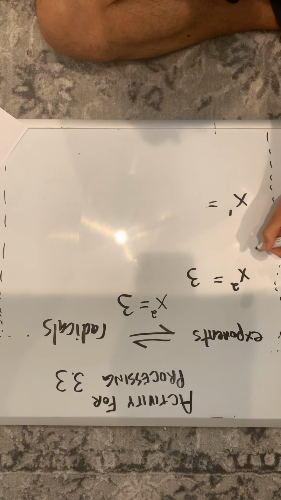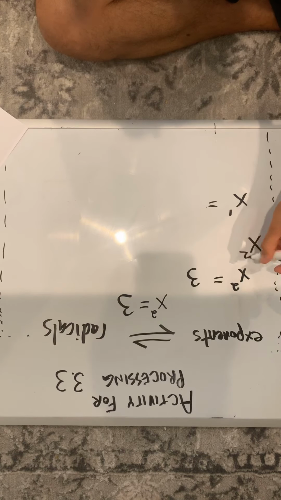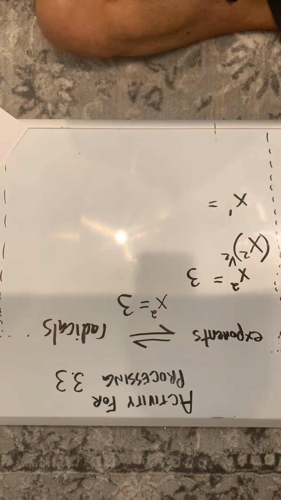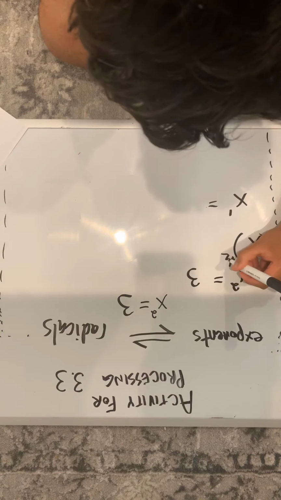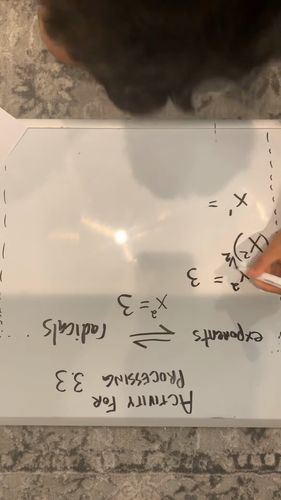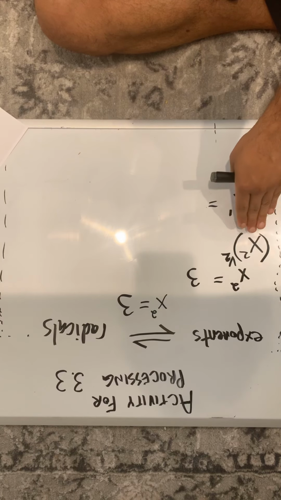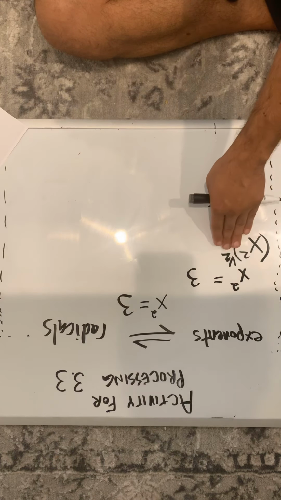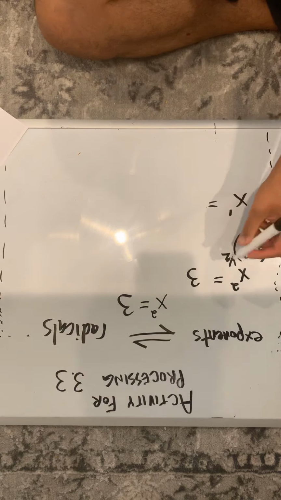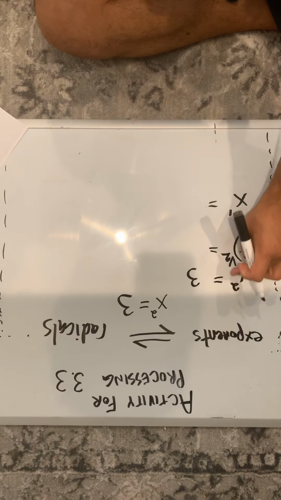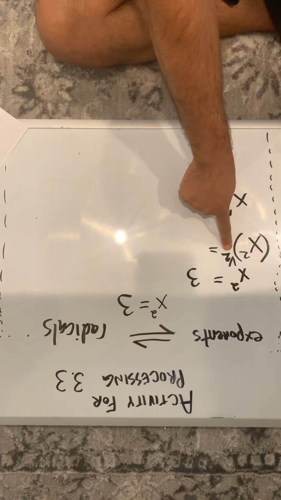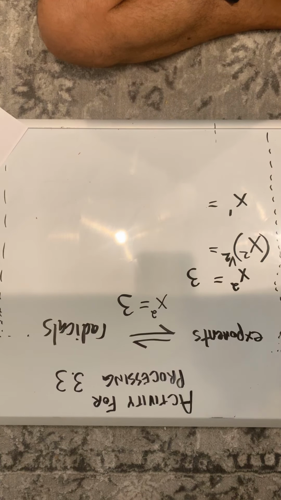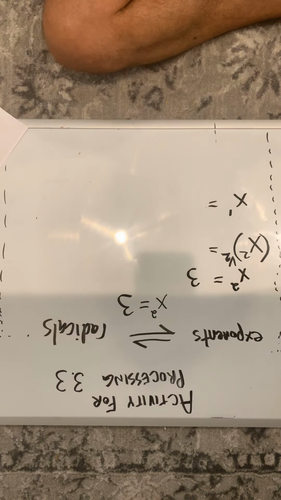Here's how you do it. You can raise the power of this expression x squared to the half power. And if you raise the left side of the equation to the half power, that means you're going to have to do that to the other side of the equation.